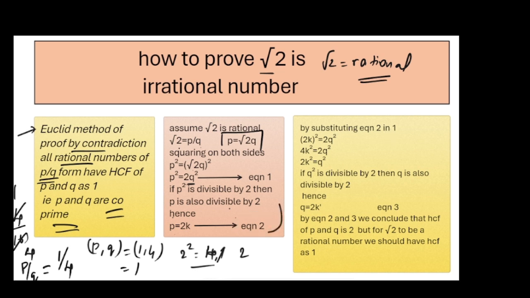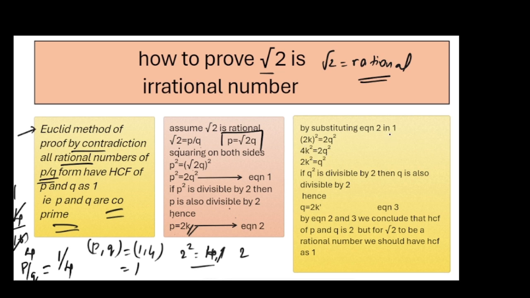Now, by substituting equation 2 in equation 1, in place of p I'll put 2k. So 2k whole square equals 2 q square, correct? When we open this bracket, I get 4k square equals 2 q square. Now 2 ones are 2, 2 twos are 4.